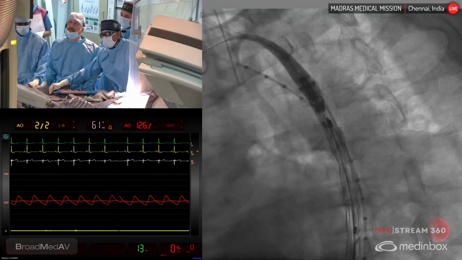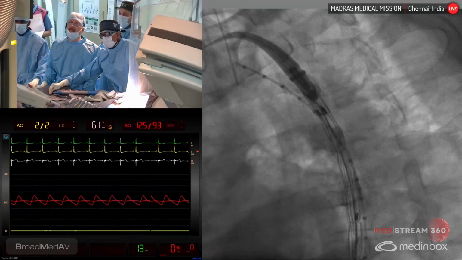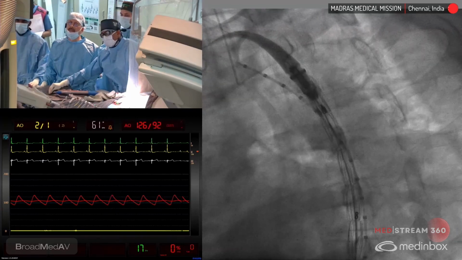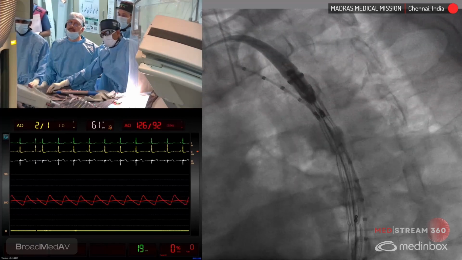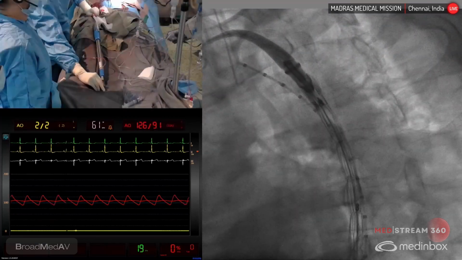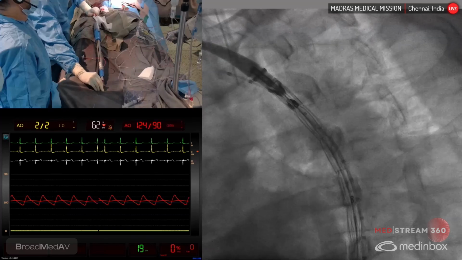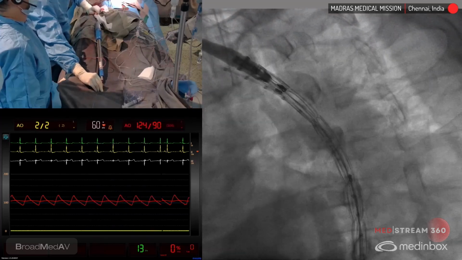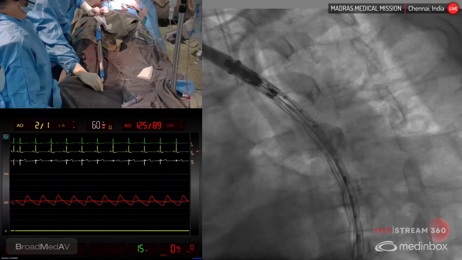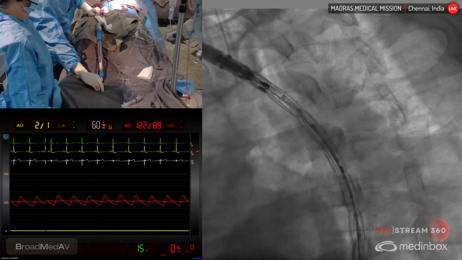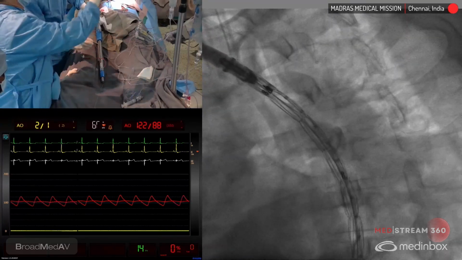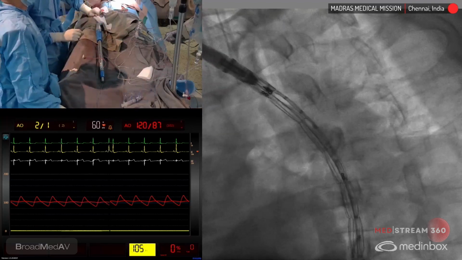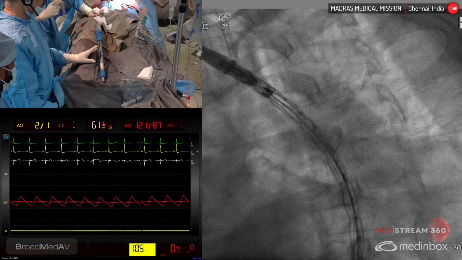By seeing the pigtail marker, I'm adjusting in such a way that I'm 20 millimeter from the subclavian. So the covered portion should come there. We see the covered portion as the figure of 8 markers in the device. So I think we will take one more shot, a DSA, and take a call.